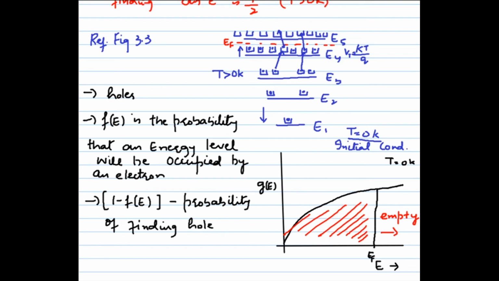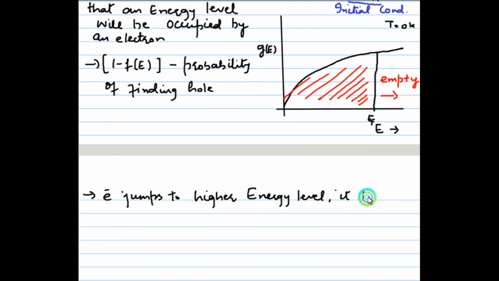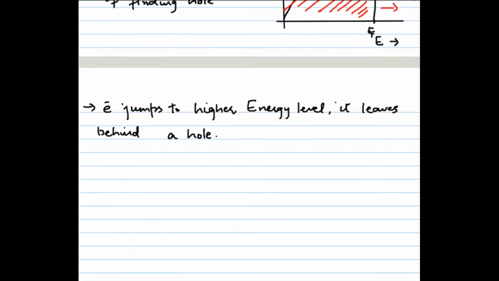Okay, so now we argue that when an electron jumps to a higher energy level, it leaves behind a hole. Alright, so this means the electron jumping occurs only for temperature T greater than 0.